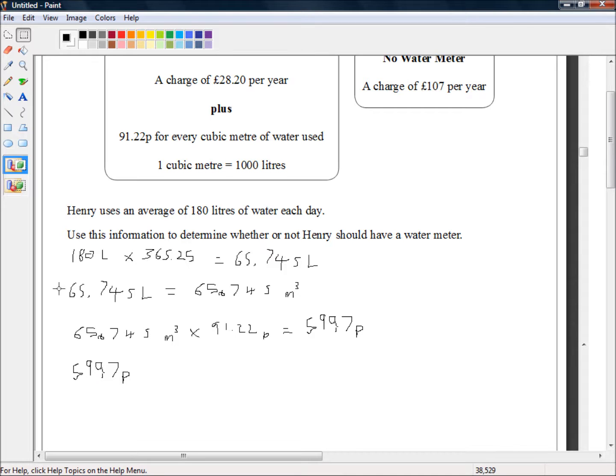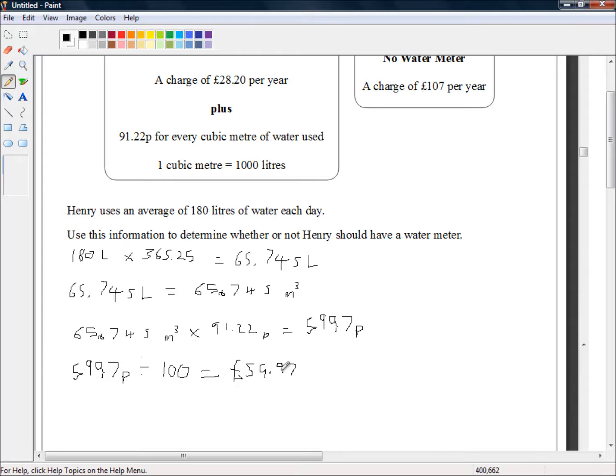So 5,997 pence divided by 100 pence in the pound is equal to 59 pounds and 97 pence. Remember, do not put the pence after the pound, otherwise that would be classed as wrong. You either use pence or you use pounds, you don't use both.